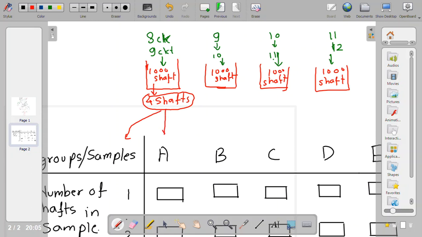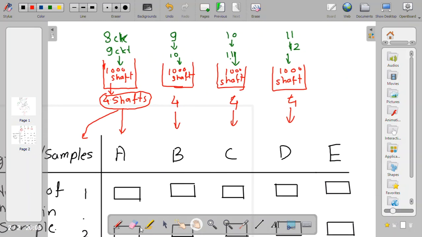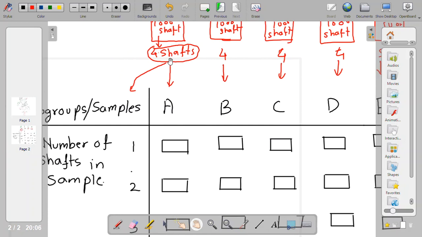So this is the first subgroup, again 4 shafts, second subgroup, again 4 shafts, third subgroup, again 4 shafts, fourth subgroup or sample, and again the last. Here also 10,000 quantities are there. So like that I selected 4 shafts.